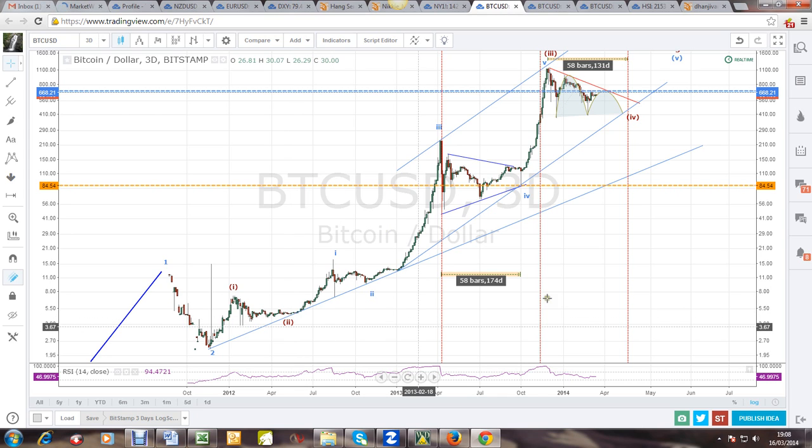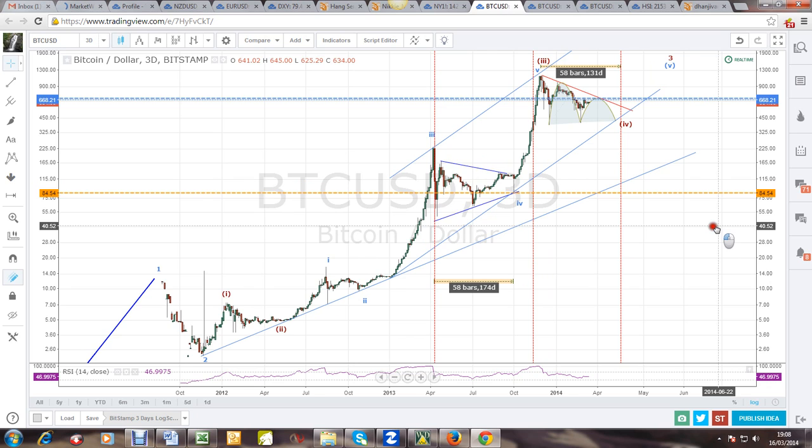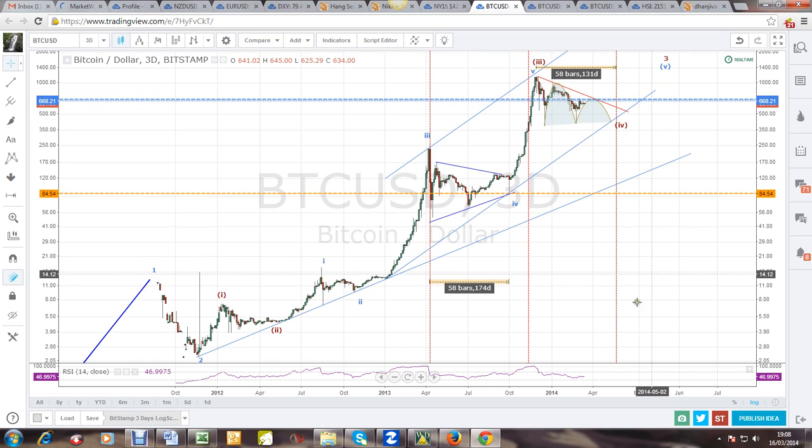So some people say, oh, fractal, and there is a misunderstanding about fractal. Fractal at several degrees. If you see this triangle, that could easily be a fractal of this triangle, but this triangle has happened on a wave 3 of this cycle, but this one is happening on a wave 4, and this one is happening on a wave 4 of a larger cycle that started from right here.